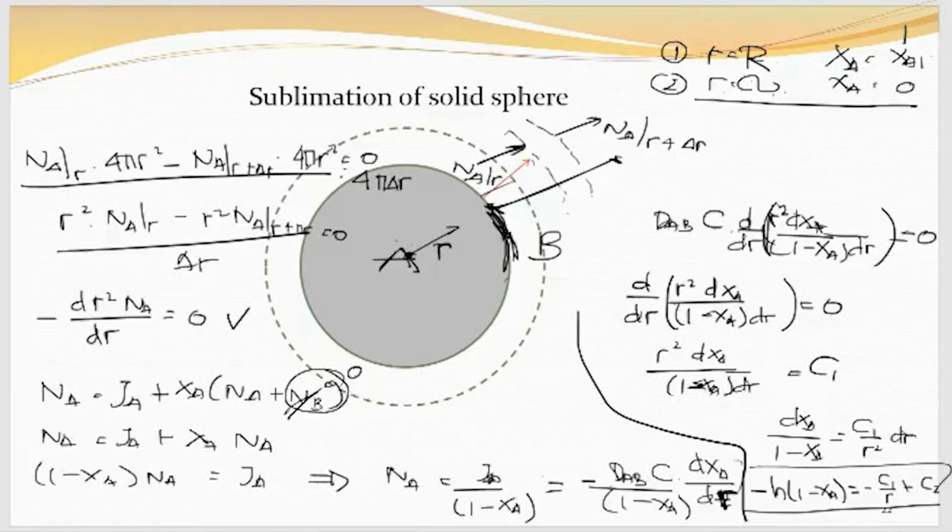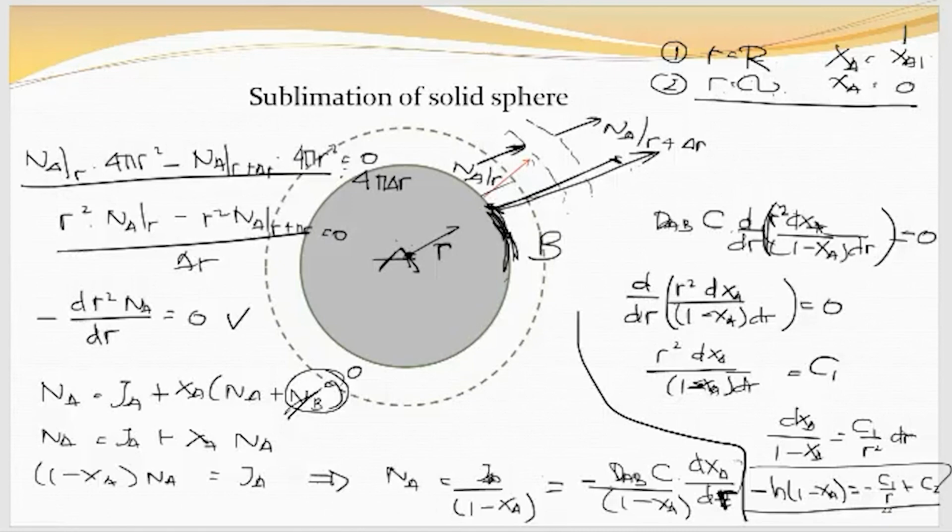So actually, NA always moves outwards. But the air, if we look macroscopically, the air just stays there. But the A will move outward. So how to explain?